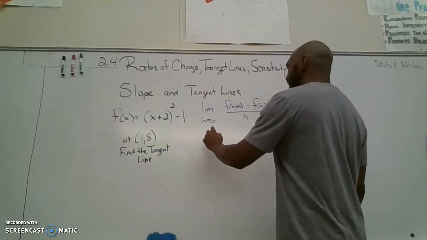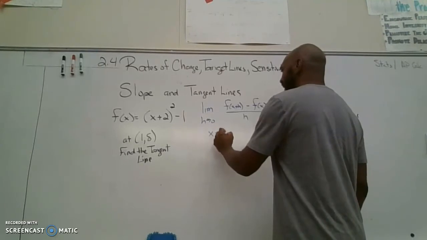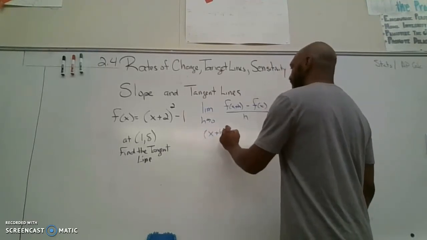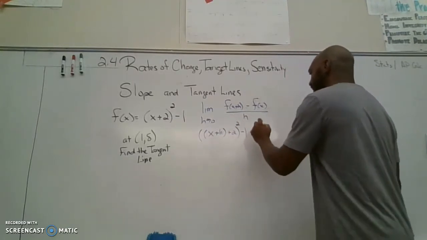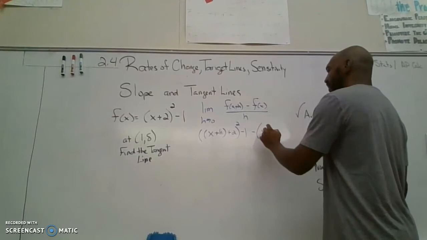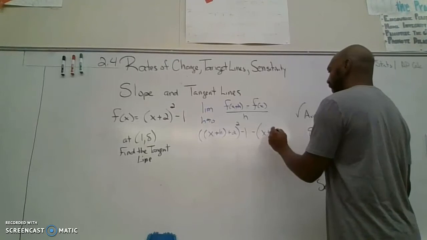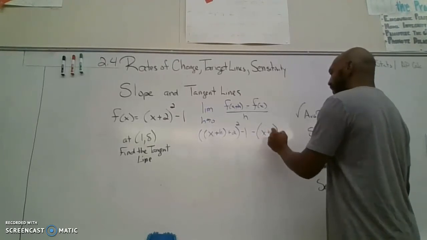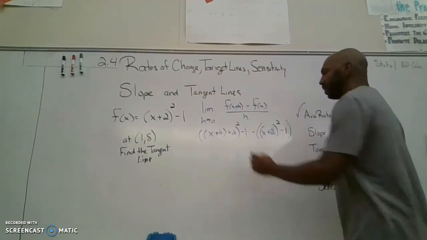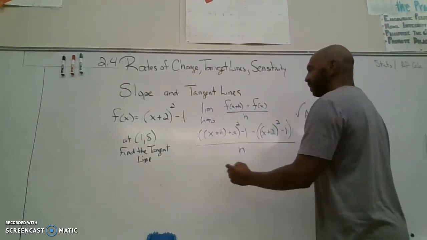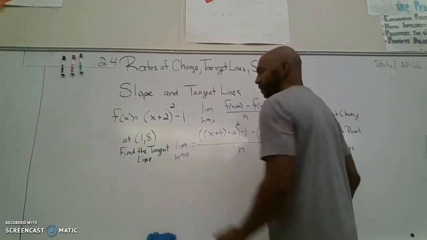So this is going to be (x plus h plus 2) squared minus 1 minus (x plus 2) squared minus 1, all divided by h. And this is still the limit as h approaches 0.